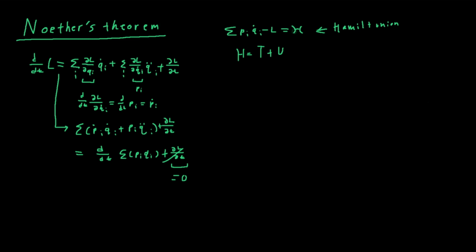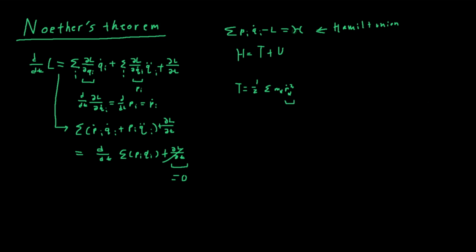To prove that the Hamiltonian is total energy for natural generalized coordinates, let's express the total kinetic energy as T equals 1/2 of the sum of masses times r prime squared in terms of the generalized coordinates.